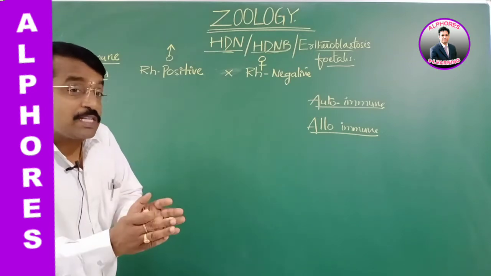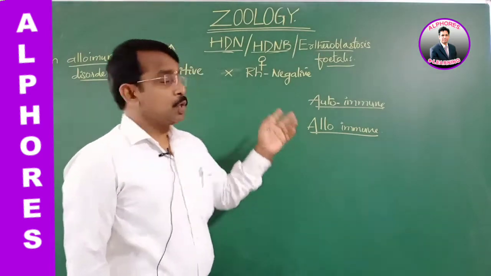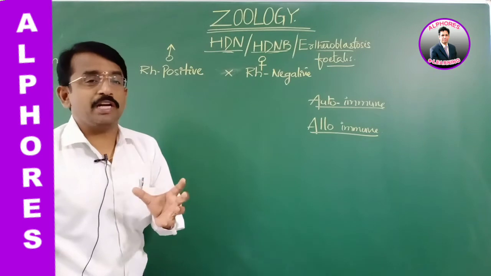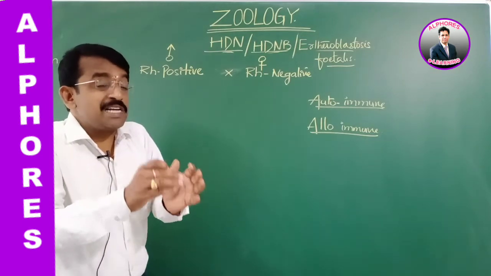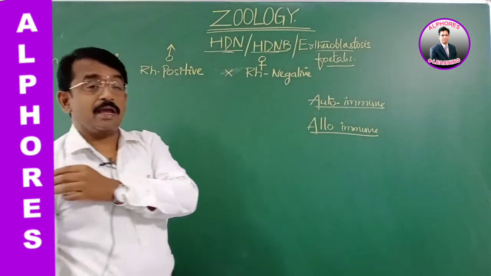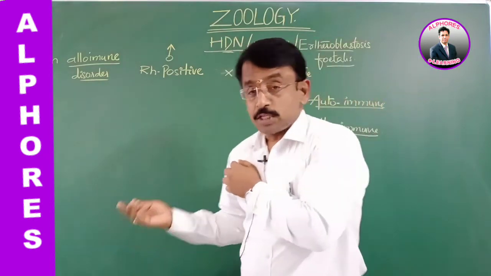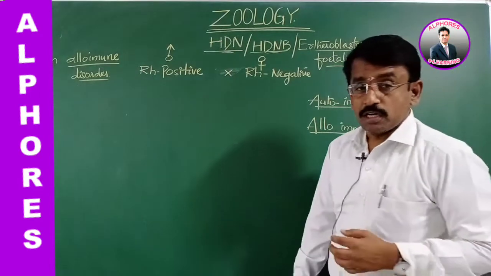These consequences are said to be alloimmune, as they involve two different individuals, not within the body of one individual. Rh antigens have come into a pregnant woman from a man, another individual. So this is what is said to be the alloimmune disorder.